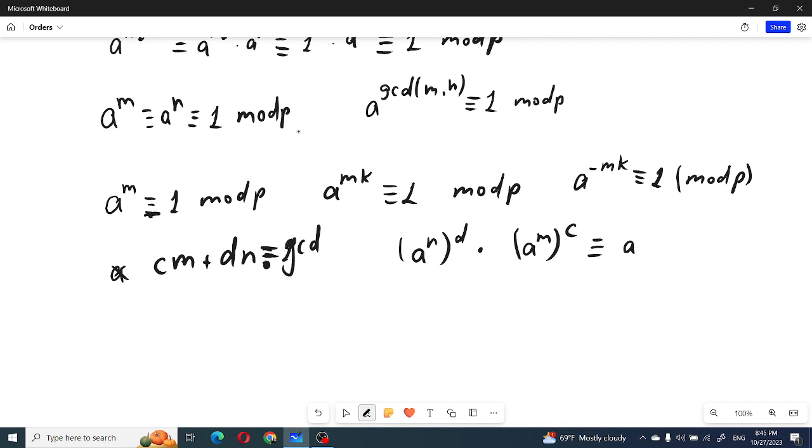In our case, if m and n are coprime numbers, this must be 1, and if they have some GCD, this must be the GCD of m and n. And a to the n power d times a to the m power c equals a to the GCD of m and n. But we know that this is 1 mod p, and this is also 1 mod p. So we have proved that a to the GCD of m and n must also be 1 mod p.